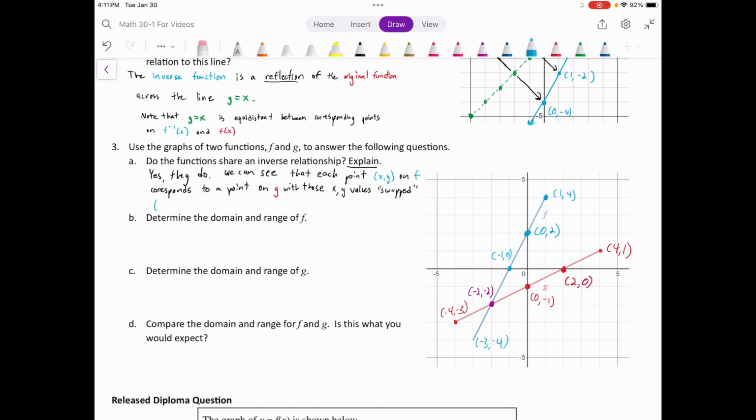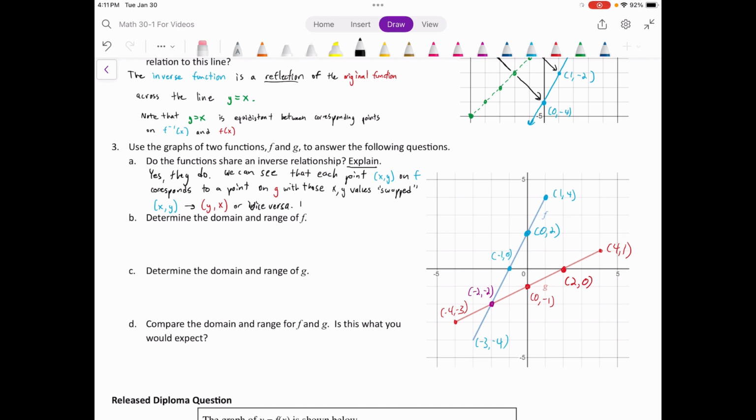For going from f to g, we're basically doing this, right? Or vice versa.